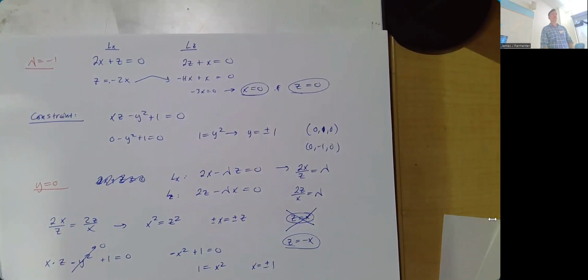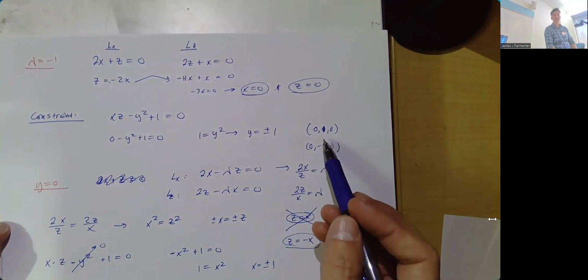And now to determine which one's the closest, plug them all into the distance formula and see which one gives you the smallest distance. It's going to be these two, because you're trying to minimize x squared plus y squared plus z squared. If you plug these in, you're going to get 1 plus 1, which is 2. If you plug these in, you're going to get 1.